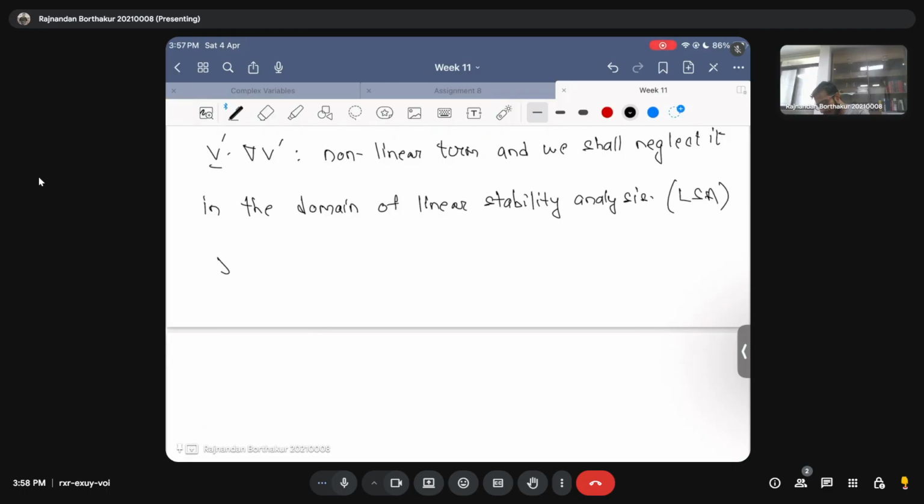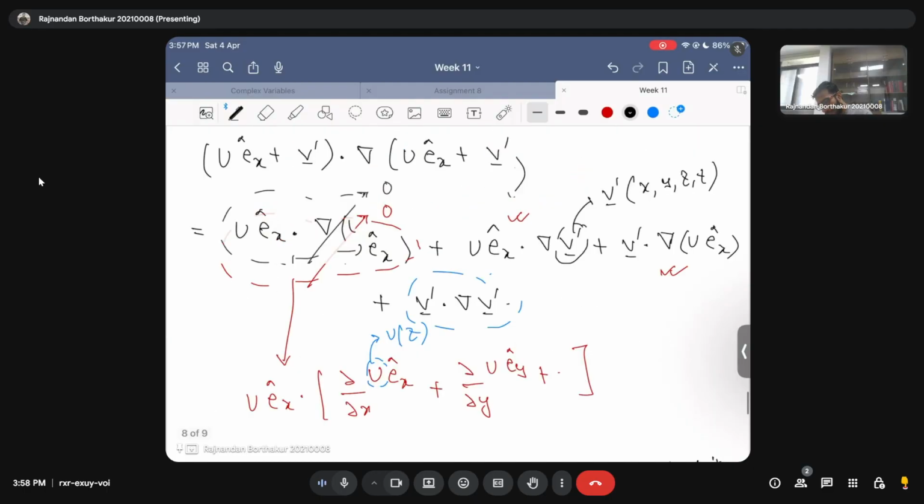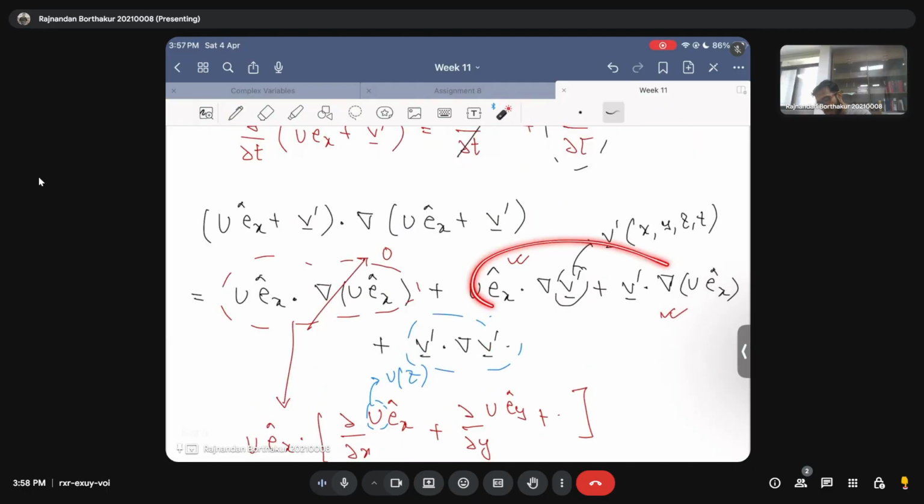Which then means that the Euler equation when written for my perturbation in the linearized mode is going to be del v dash by del t, that term is there, plus these two terms are going to be there because these two terms are linear. Why? Because the base flow is already known to us, so the only unknown in these terms is just v dash, the perturbed velocity field.